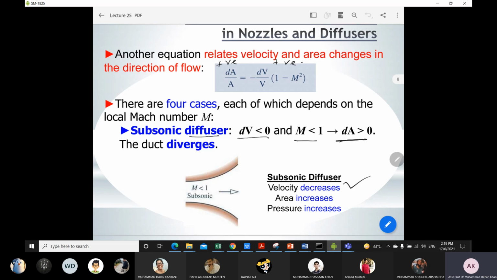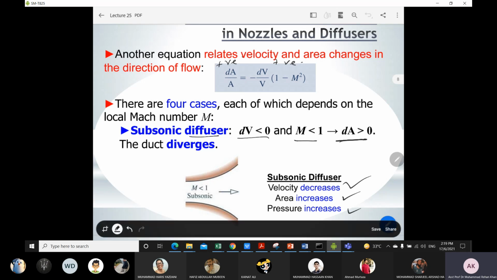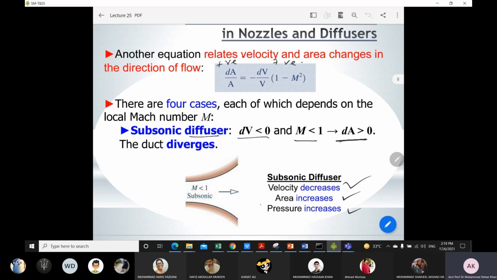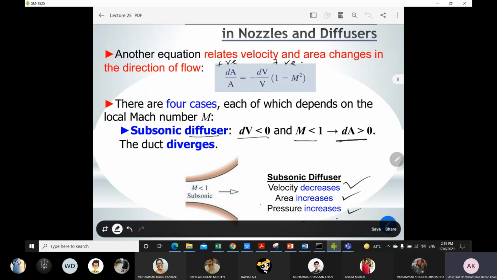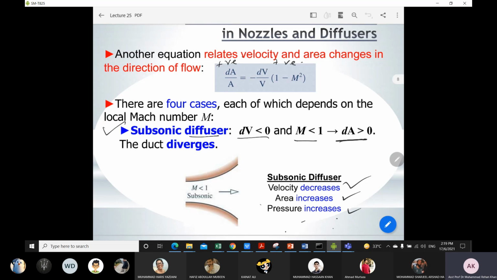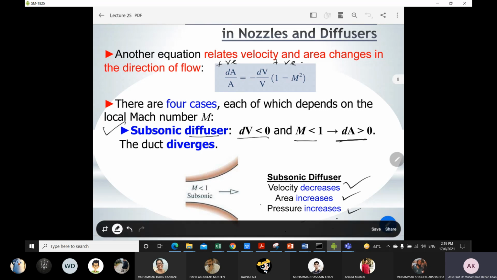So your velocity decreases, area increases, pressure, if velocity decreases, your pressure also increases, and then temperature increases and density also increases in the case of subsonic diffuser, and Mach number decreases at the outlet when you are focusing on subsonic diffuser.